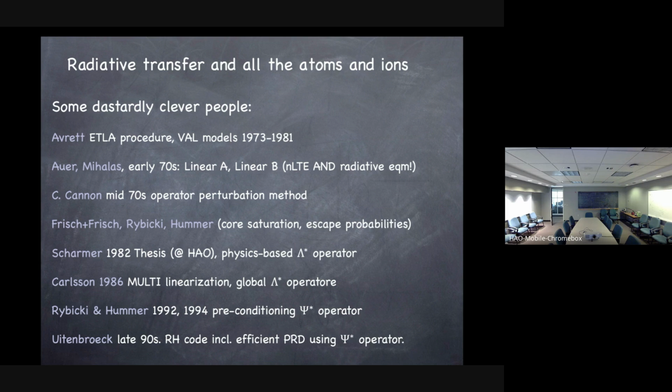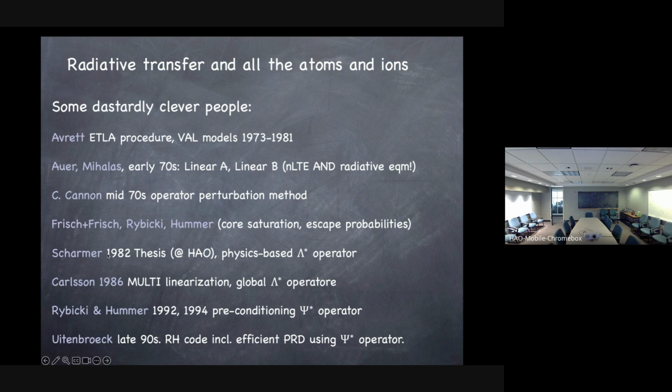And this, of course, has its roots in Jacobi. Then there was a development where they recognized the physics of photon escape. Remember, I talked a little bit about that. They started to look at how far photons can go in a line, depending on the frequency in the line, etc.